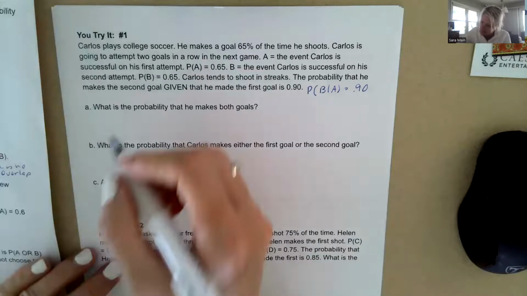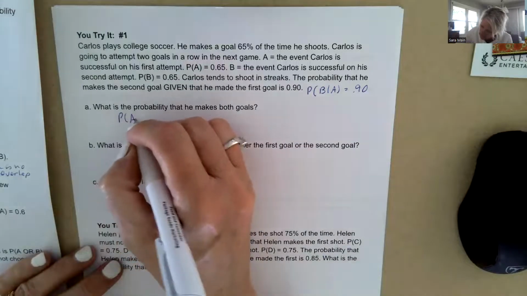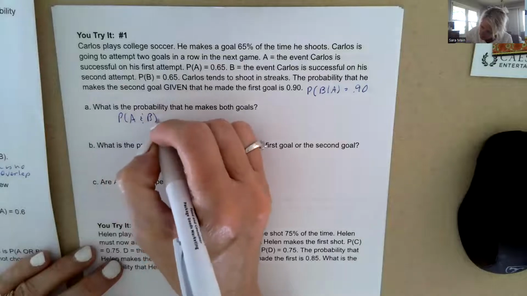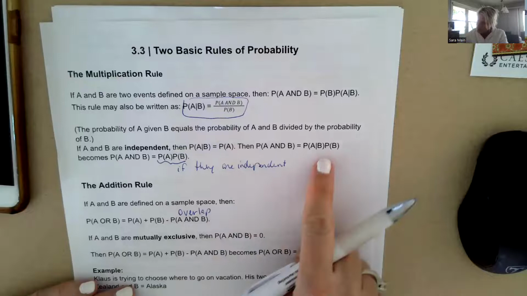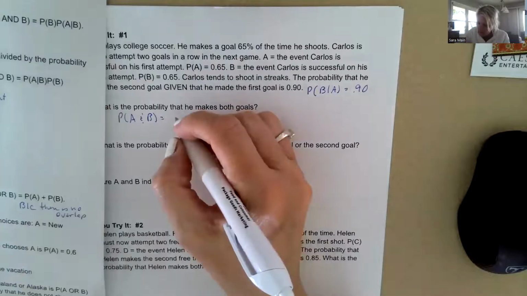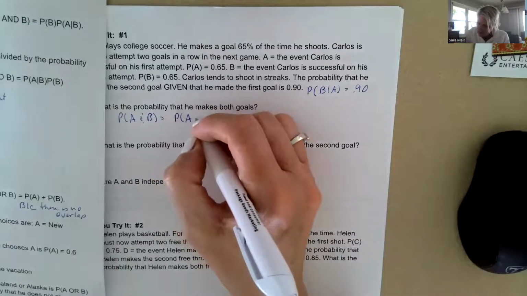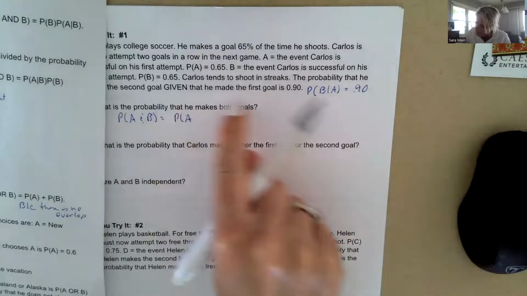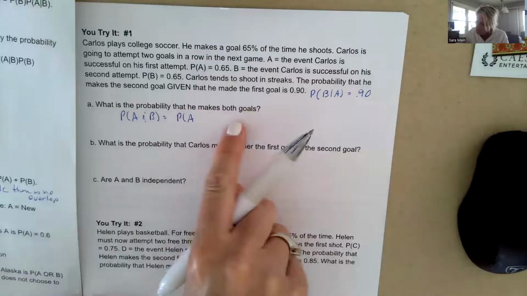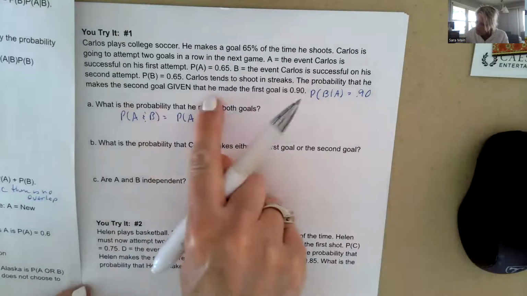This would be the probability of A and B. We don't know if they're independent, so we have to use the probability of B given A, the probability that he makes the second goal given that he made the first one.